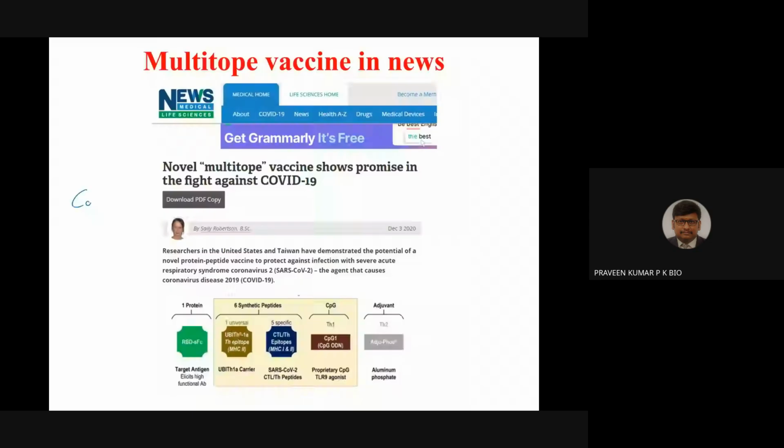Many of you have taken Covishield, and next to that, Covaxin. So my question here is, what is the efficacy of Covishield and of Covaxin against the first alpha strain of SARS-CoV-2? Efficacy means what percentage of people are protected from these viral infections.